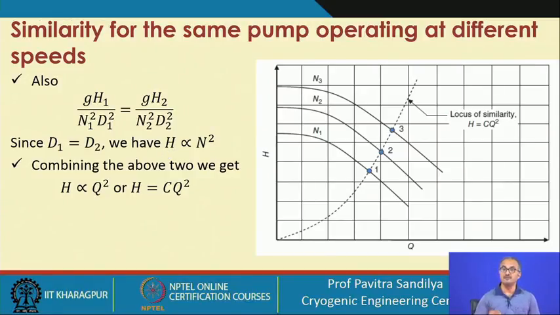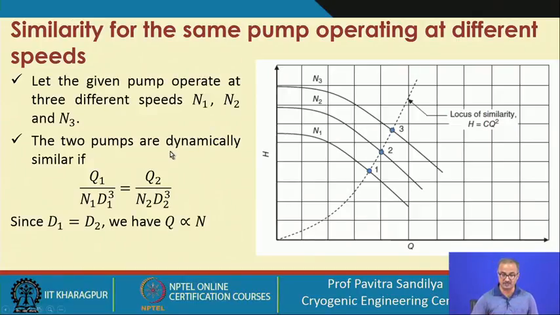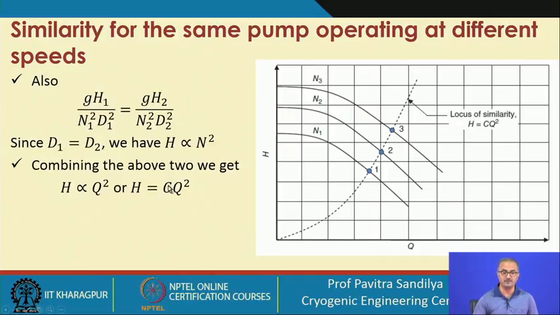That means, if we double the speed of rotation, the head will increase 4 times, and if we halve the speed of rotation, the head will decrease to 1/4. So, this is how we relate head versus speed. And if we combine this equation with the previous one, that is, instead of N we put Q here, we find that head also varies with the square of the capacity.